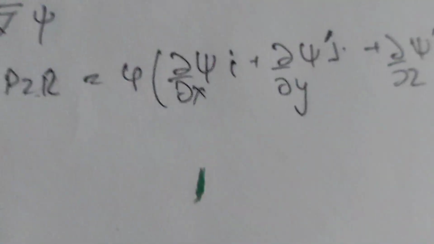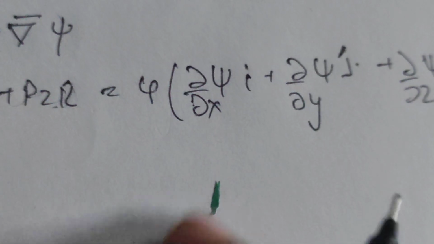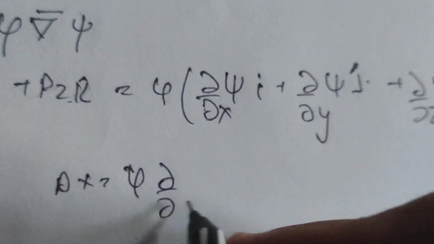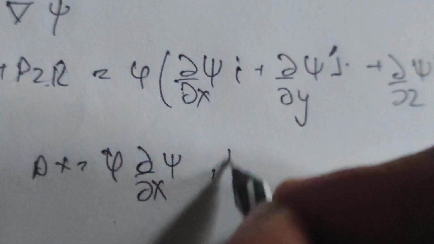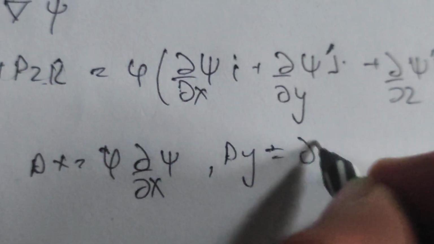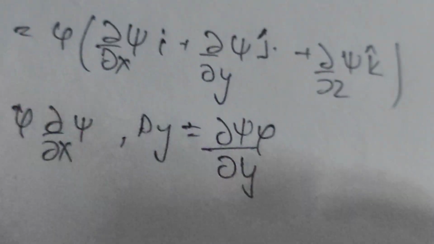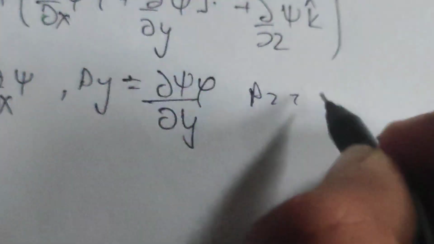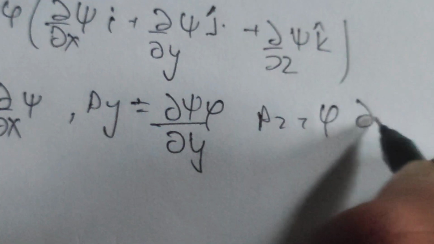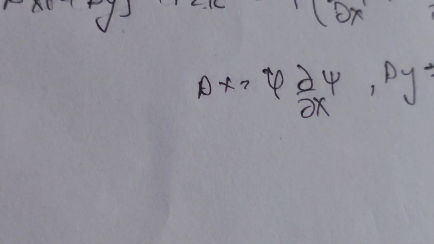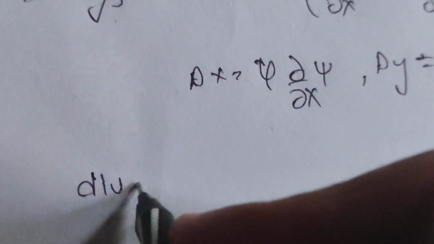Let's simplify once again: Ax is phi del psi by del x, Ay is phi del psi by del y, and Az is phi del psi by del z. Now, what is the divergence?